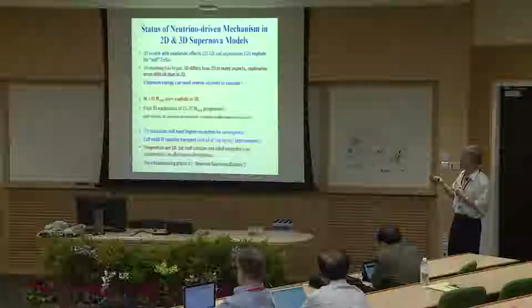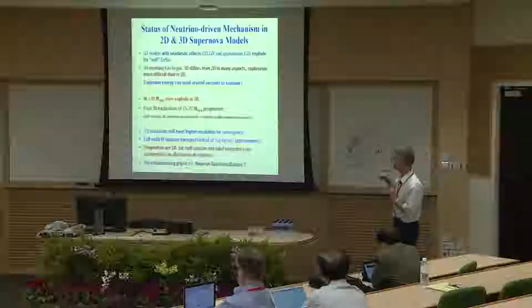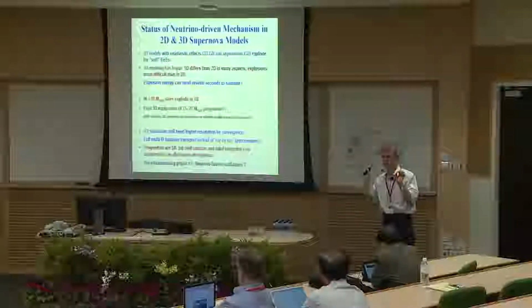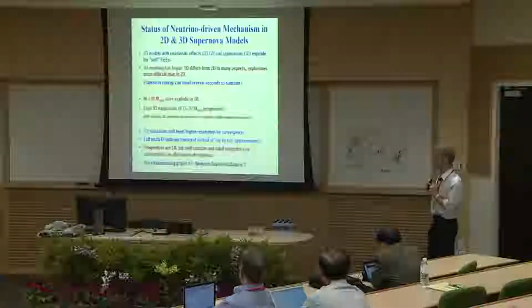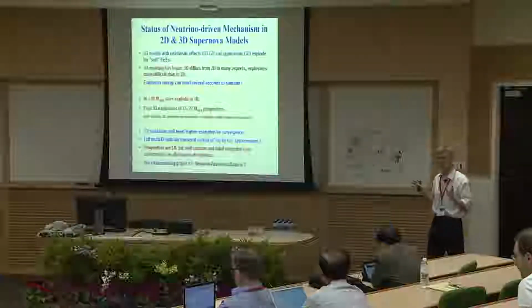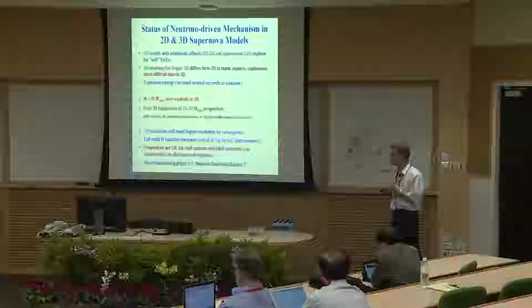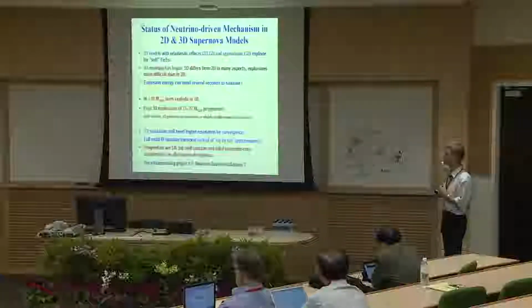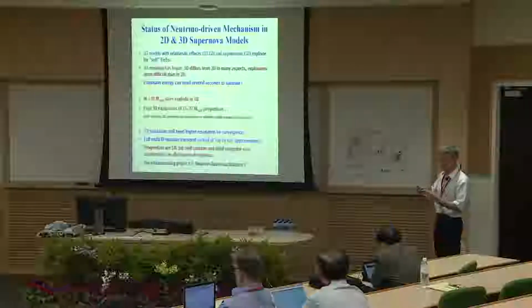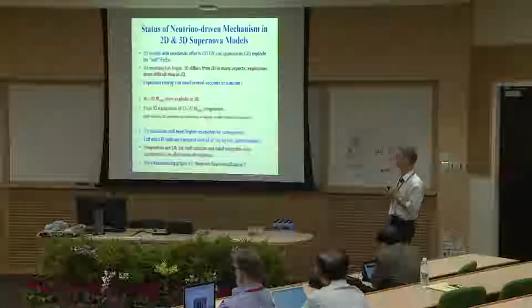The explosion energy is not determined after a few hundred milliseconds, but some of these simulations have to be run out to many seconds in order to be able to name the value of an explosion energy, and that of course makes it very difficult in 3D still to determine the explosion energy in self-consistent models. Several seconds of three-dimensional simulations with this complicated microphysics is by no means easy to achieve, not even on nowadays computers.